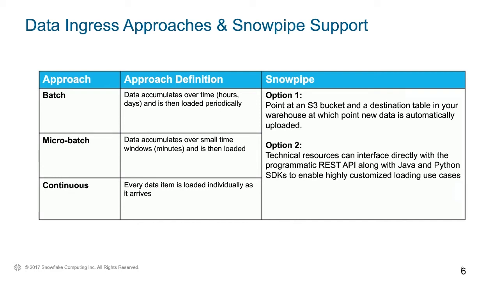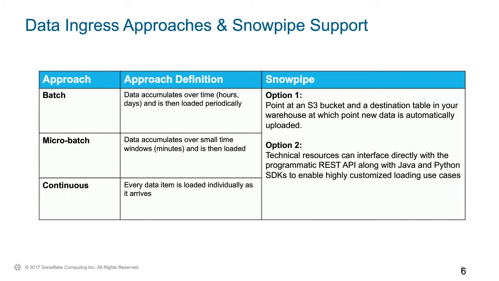But it's not really a continuous way, because the data loading is not triggered by the arrival of the data itself. It's driven by a schedule. So with a continuous loading approach like Snowpipe, what you would want is a data-driven way for new data to arrive in your target tables in Snowflake. And with Snowpipe, we are essentially offering you two different options.